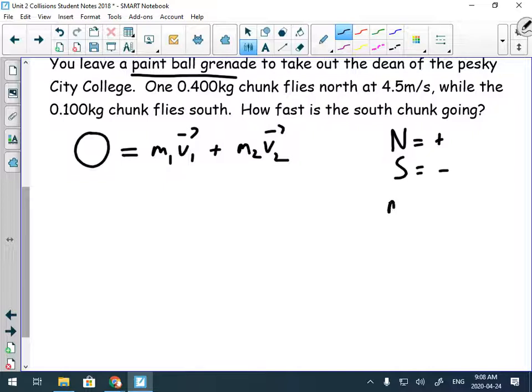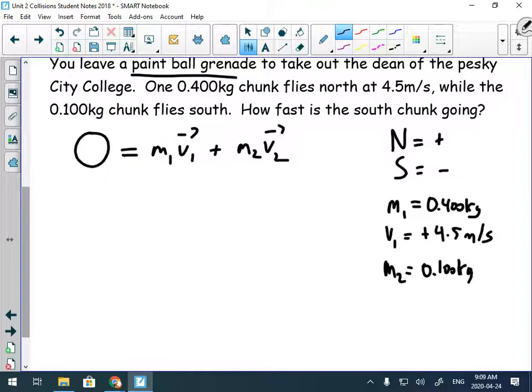Okay. So the north chunk, the one flying north, is 0.4 kilograms. And the speed of that chunk is positive 4.5 meters per second. The mass of the second chunk is 0.1 kilograms. And we don't know how fast that's going. Right? That's what we're trying to find, is how fast the second chunk is going.